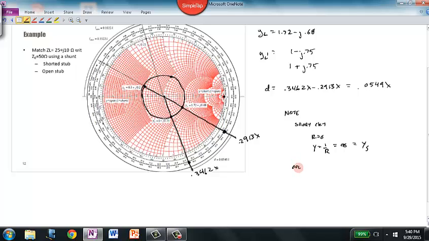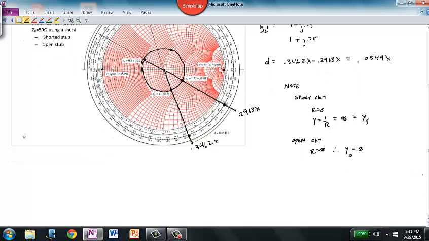For an open circuit, R is equal to infinity, and therefore Y is equal to 0. That occurs at the Y equals 0 point. So the short and the open points flip sides of the Smith chart when you translate from an impedance basis over to an admittance basis. We've got to keep that in mind when we're doing our measurements.